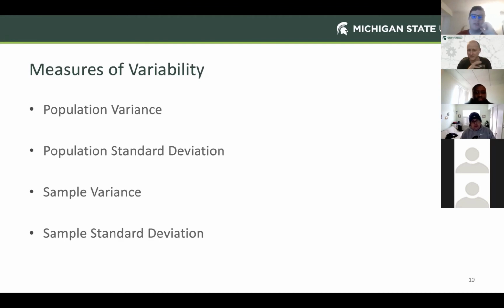The average distance from the mean. Very close, but that's closer for the standard deviation than for the variance. So in the case of the variance, it's basically our average blank deviation from the mean.